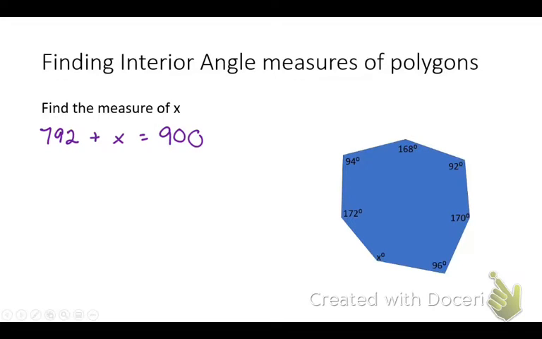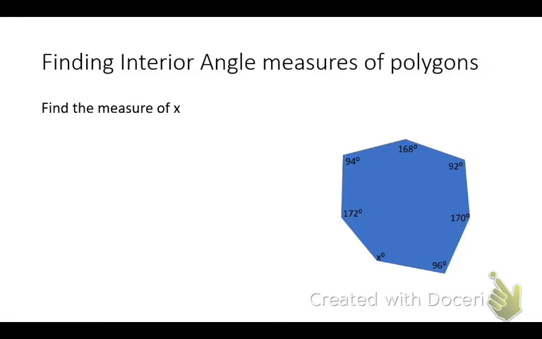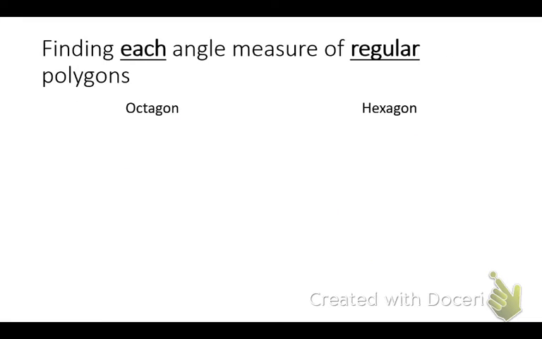I know the sum of a seven-sided figure is 900, because of the formula, or you have it memorized. Then when you subtract 792, that's how you get 108. X equals 108. You did good. Good job.